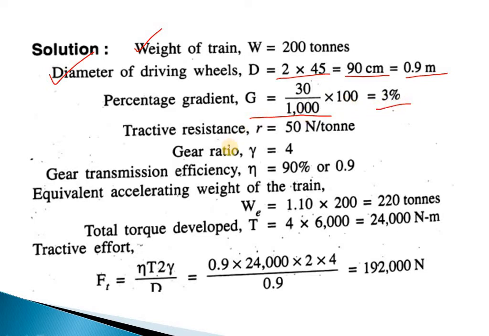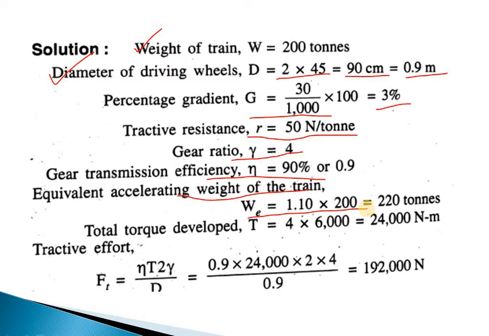Now tractive resistance is given, that is 50 N per ton. The gear ratio is also given as 4, and gear transmission efficiency is given as 90%, that means 0.9. So the equivalent accelerating weight of the train, WE, is 1.10 into 200, so 220 tons.